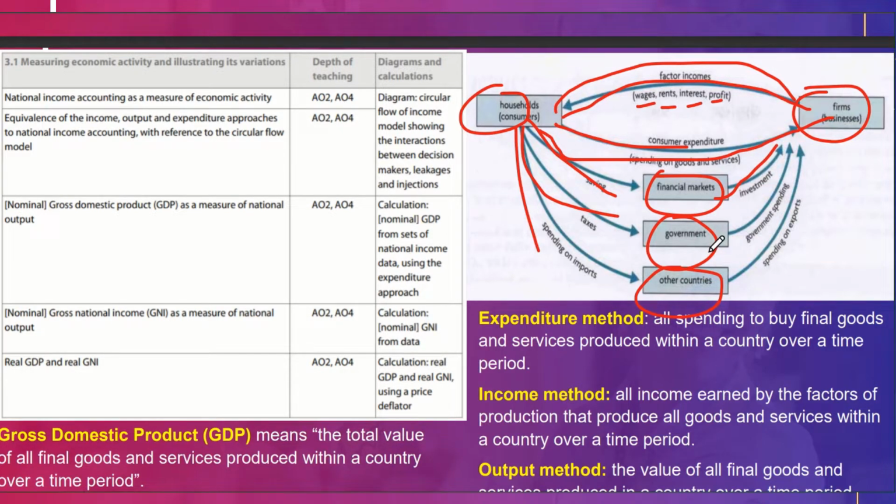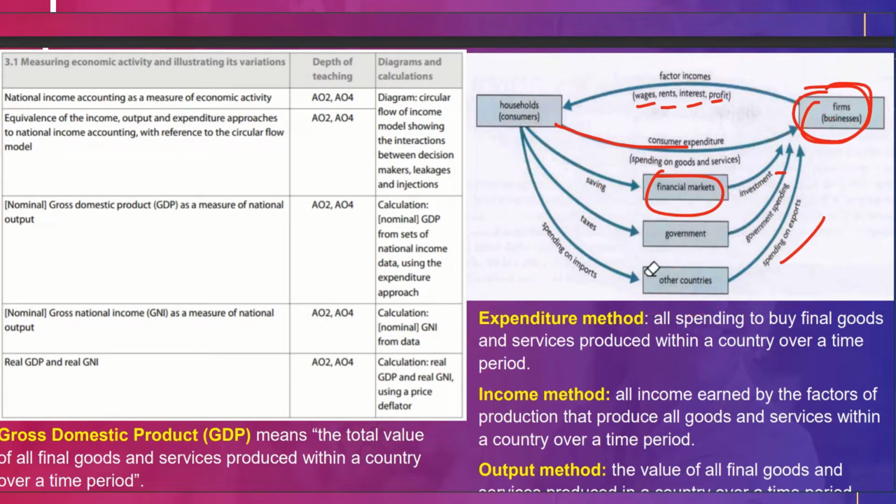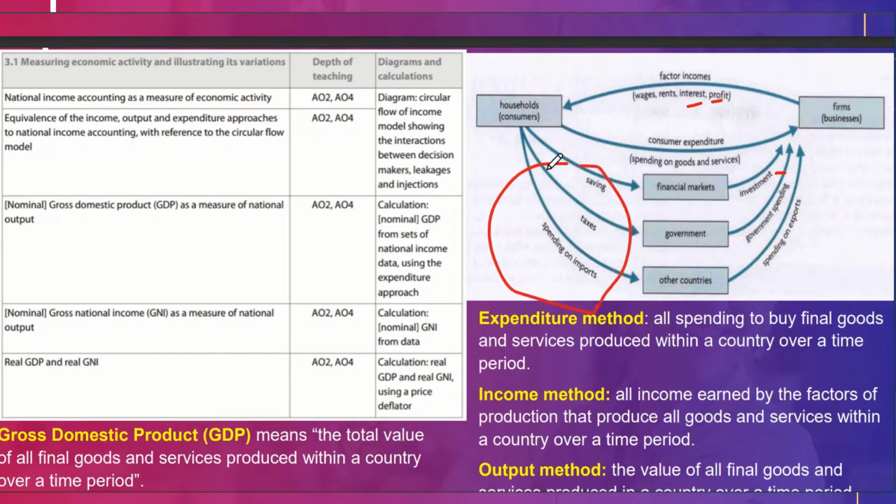Government tax revenue will be used for government spending, and the firms also receive income from their exports. So the transaction is taking place between these economic agents, and this should be equal. Here, this is said to be leakages in the transaction, and this is said to be injections in the transaction.